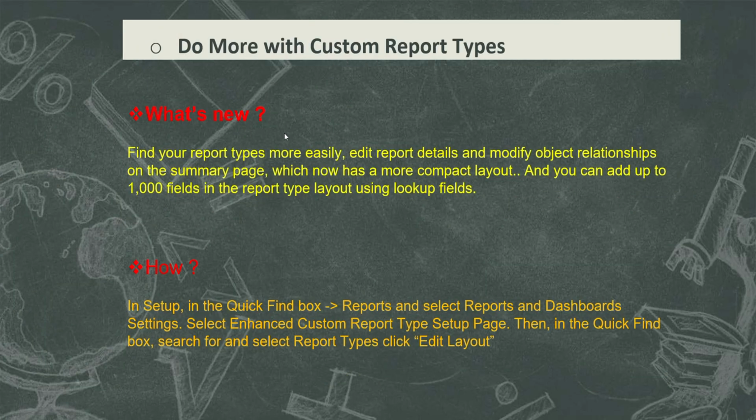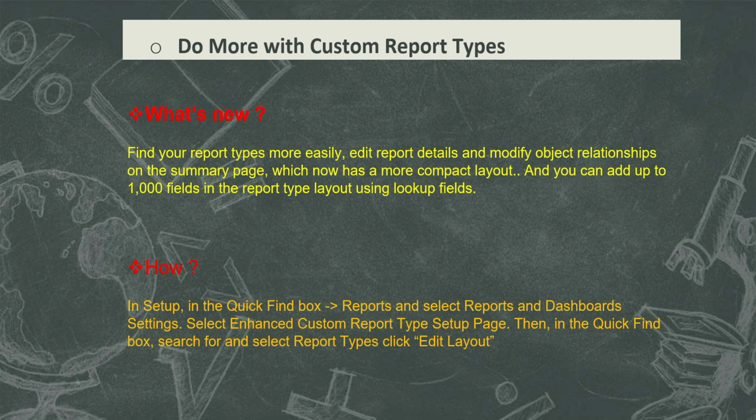The second one is tune more with custom report type. So what's new in this? Find your report types more easily, edit report details and modify object relationships on the summary page, which now has a more compact layout, and you can add up to 1000 fields in the report type using lookup fields.